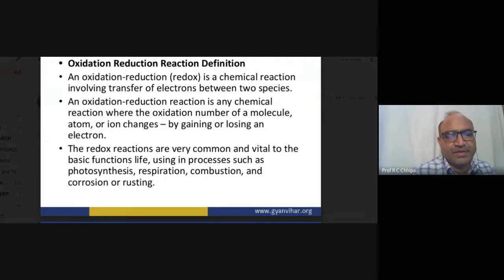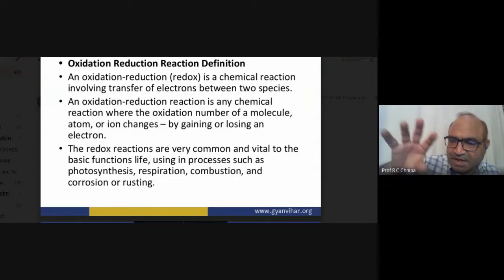Where is the starch manufactured in the plant? Photosynthesis is one of the processes in which carbon dioxide reacts with water and forms starch. That is the very well known photosynthesis: CO2 plus water gives starch. Production of food by the plants.